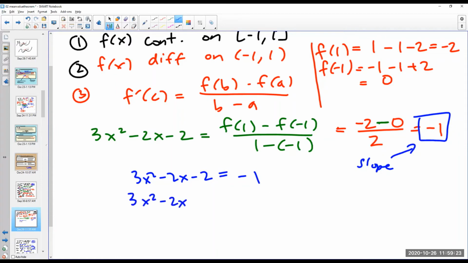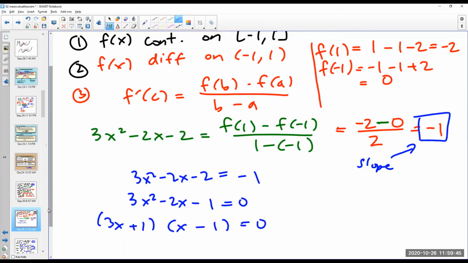So what you have to do is move everything to the left side, okay? Is this going to give me an answer? It does? Okay, so let me just see it here. Yeah, it will. Okay.